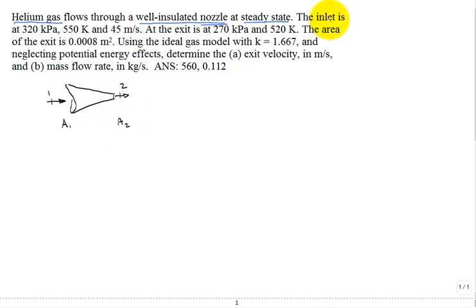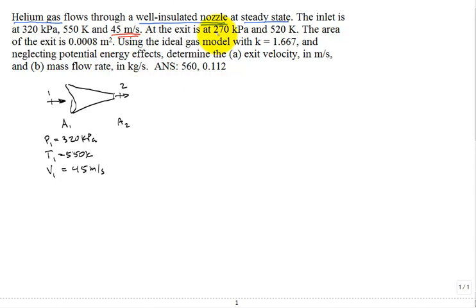Okay. The inlet is at a given pressure, P1 of 320 kilopascal, temperature of 550 Kelvin, and a velocity or speed of 45 meters per second. Whenever they give you this velocity or speed, think about kinetic energy effects. That's a key. Don't neglect kinetic energy effects.